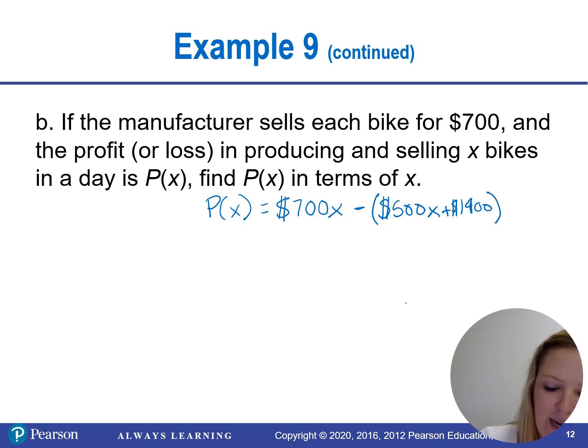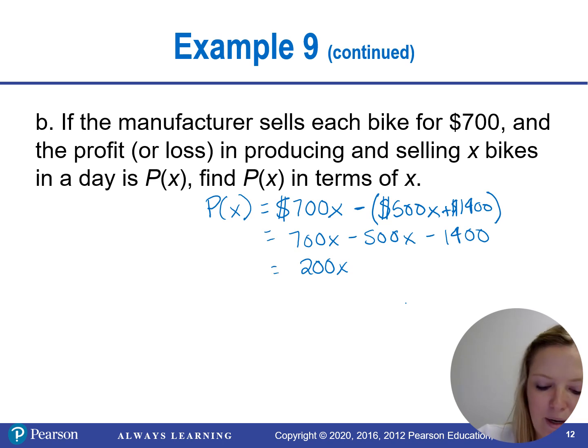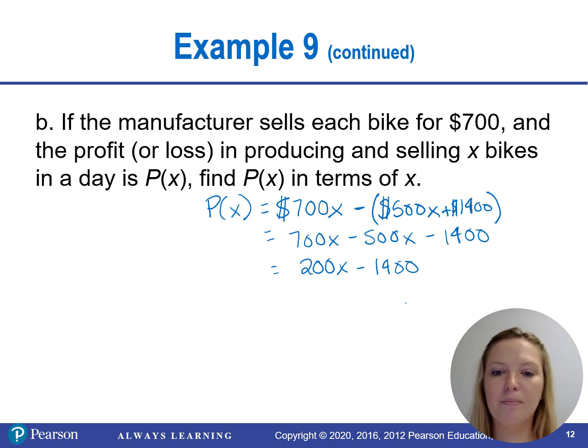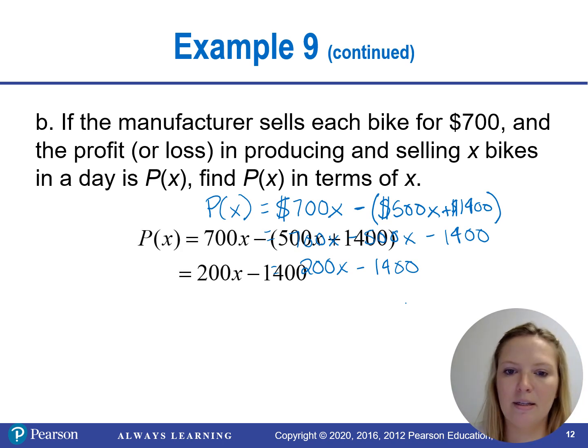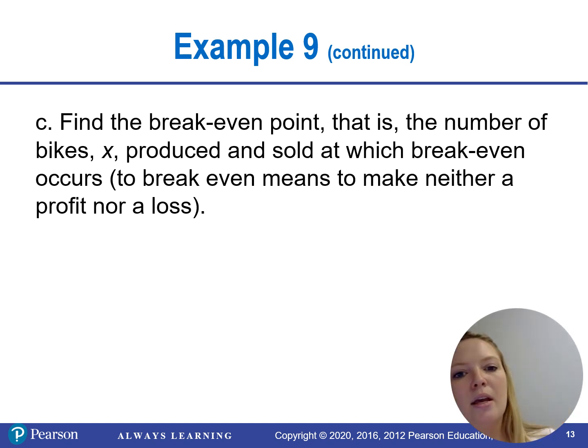We can simplify this function to 700x minus 500x minus $1,400. So 200x is the profit for each bike, but then we have to subtract the $1,400 of overhead. And then this is just written out for you.